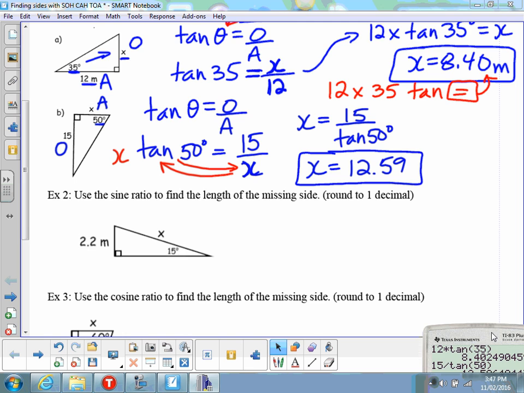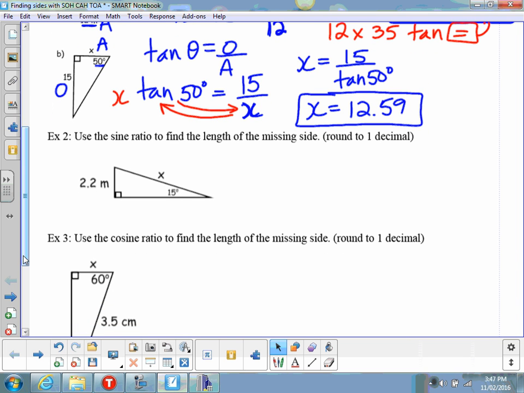All right, so in example 2 here, similar question, we know one angle, we know one side, and we're trying to find a second side in this triangle. It does tell me up above that I'm using the sine ratio, but imagine that I didn't know that. I would want to label my two sides in relation to my angle.